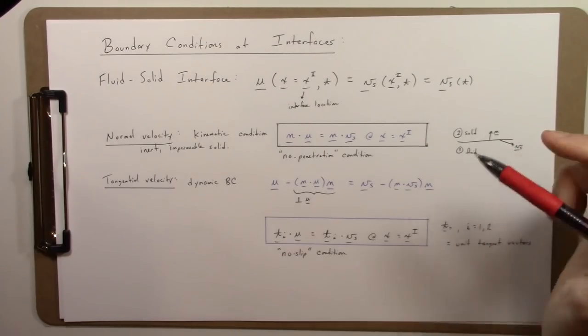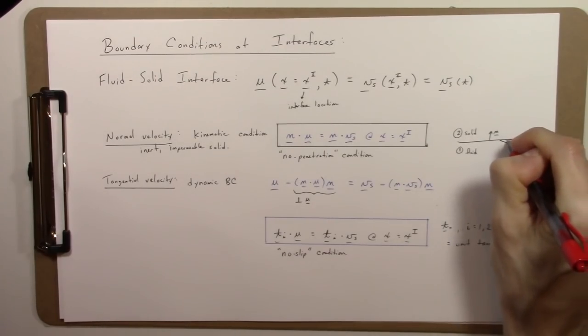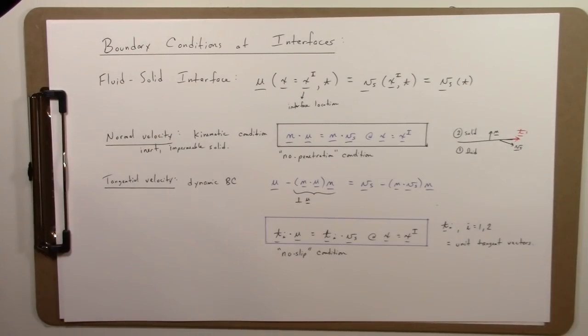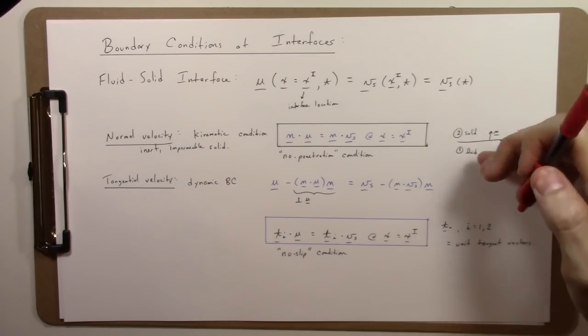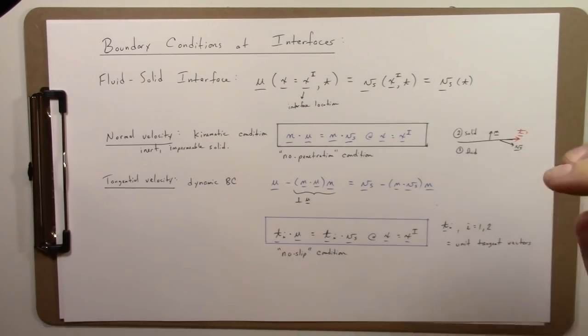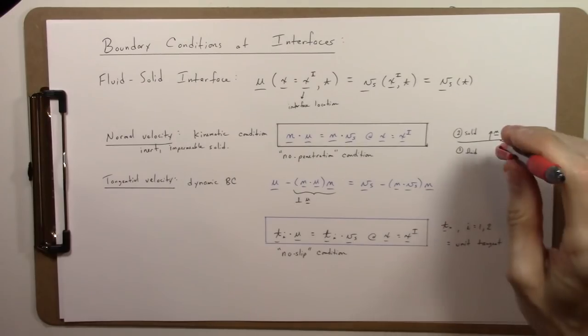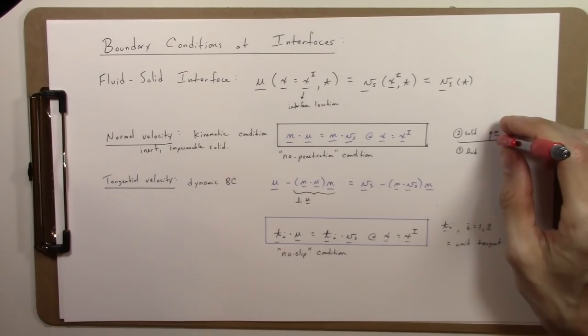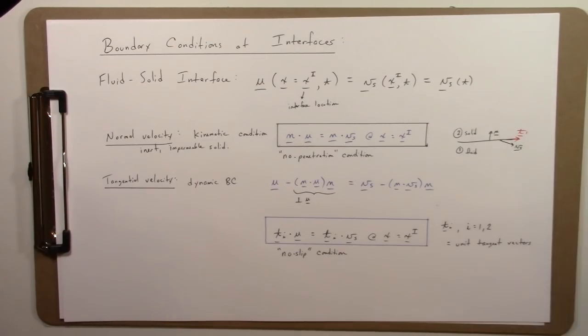If we look over here at our interface, one of the tangent vectors would be like this, let's call it t1. The second one would be perpendicular to the paper. The interface extends in this direction, so one is in the plane of the paper, and the other is perpendicular to both t1 and n. So t2 is perpendicular to t1, and t1 and t2 are both perpendicular to the normal vector n.